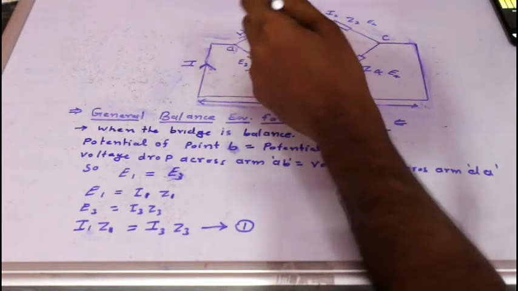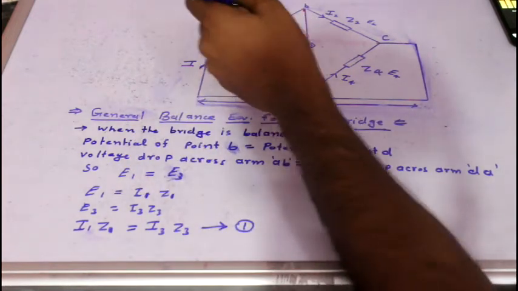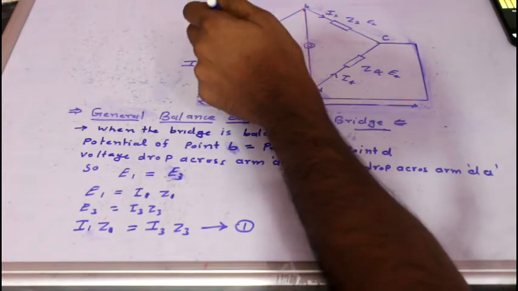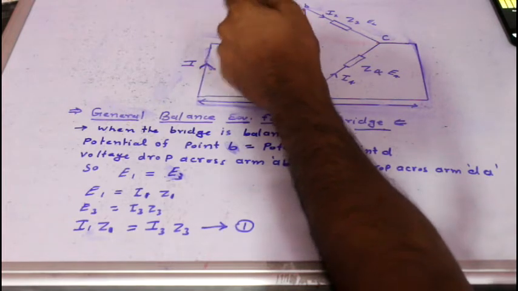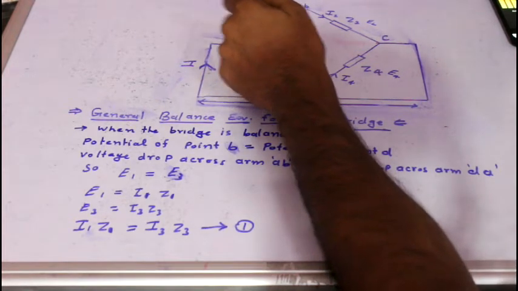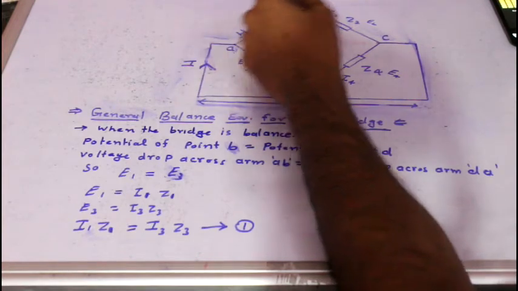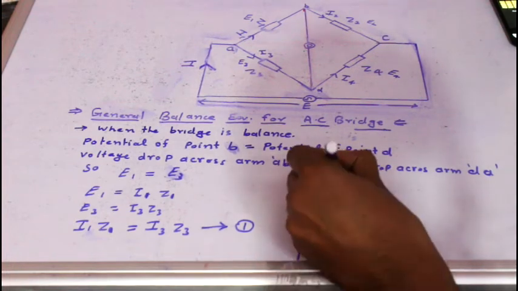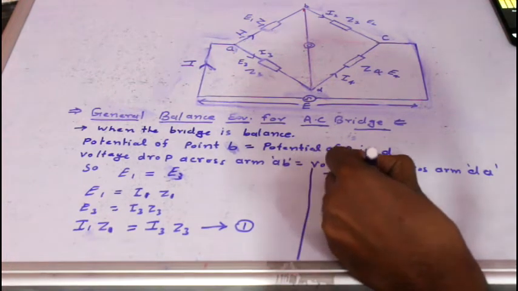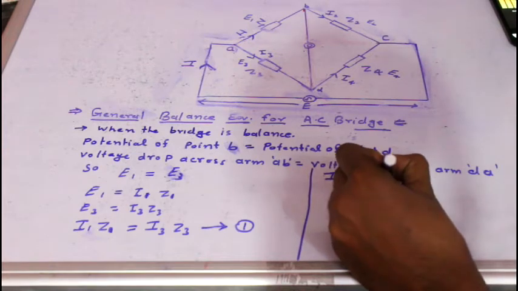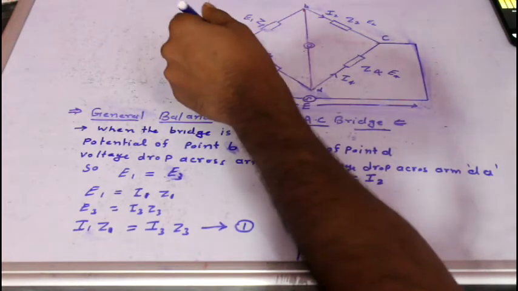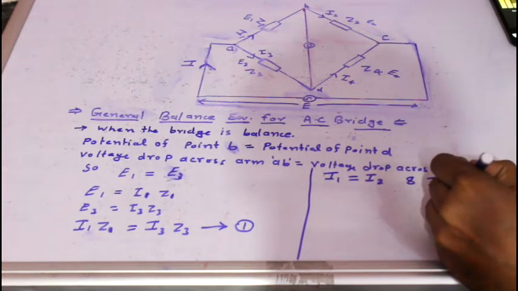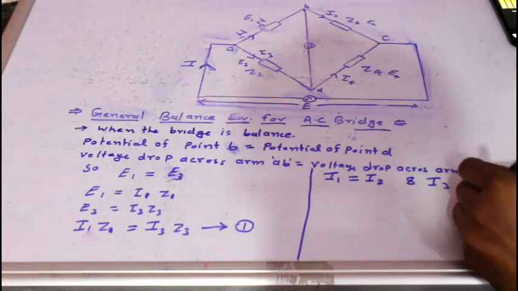Also, when the bridge is balanced, the points B and D are at the same potential. It means no current is flowing through the detector. So the current I1 is equal to current I2, and similarly I3 is equal to I4.